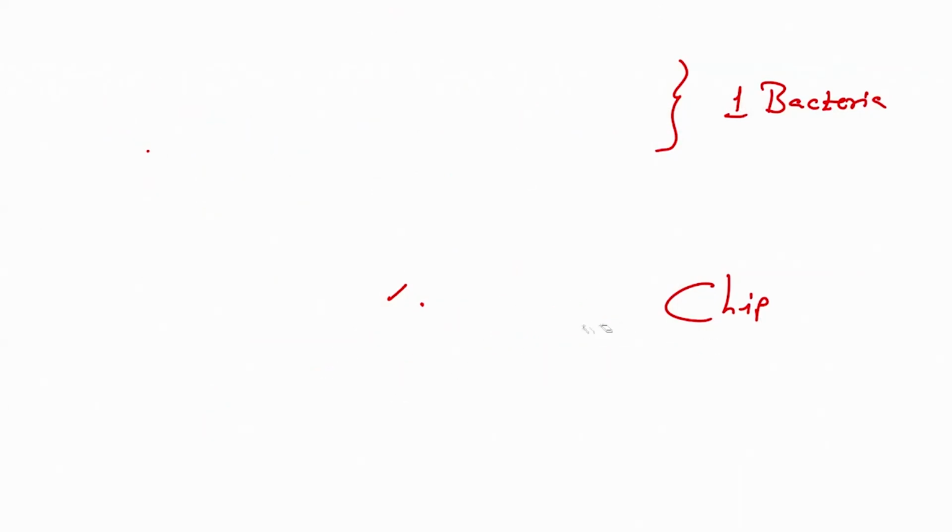For the fabrication, the first thing that we have to do is to design and fabricate a heater. So, we start with a glass substrate. On that glass substrate, we will deposit a metal for the micro heater.